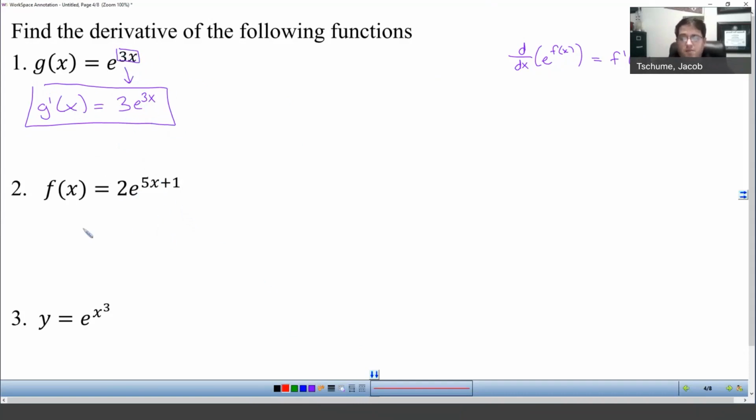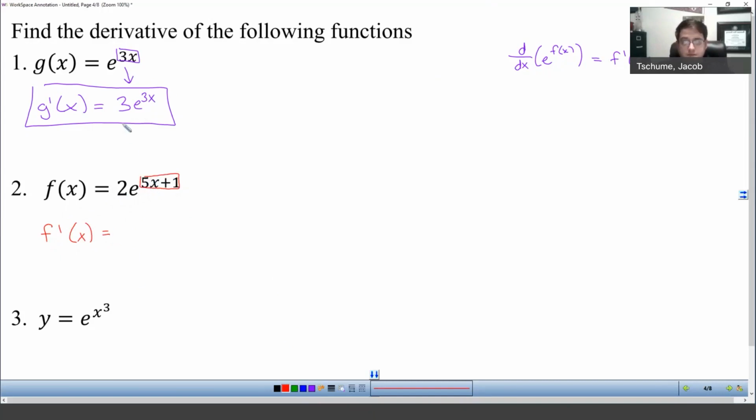All right. For number 2, if f of x is 2 times e raised to the 5x plus 1, find the derivative the same way. The only difference in this one is that you have a constant in the front, but we've talked about how to deal with that in previous sections. So for f prime of x, first thing you do is you take the derivative of your power. The derivative of 5x plus 1 is 5.